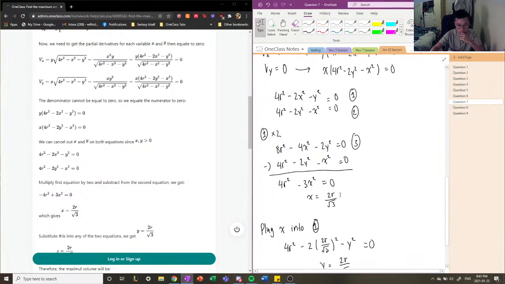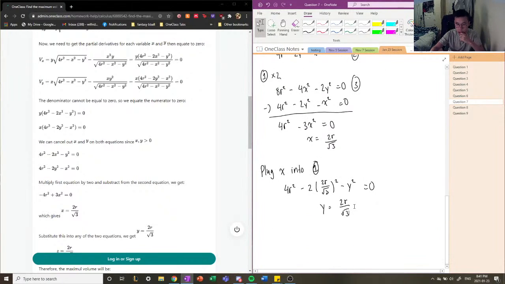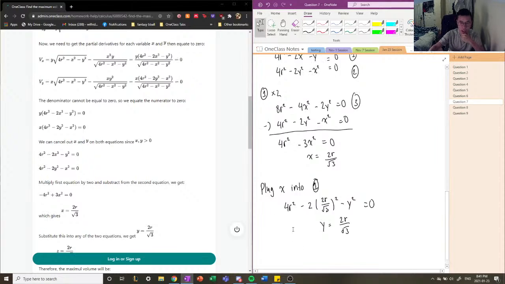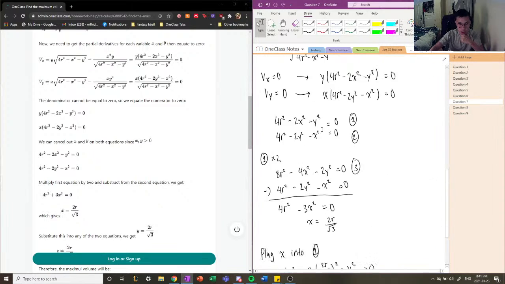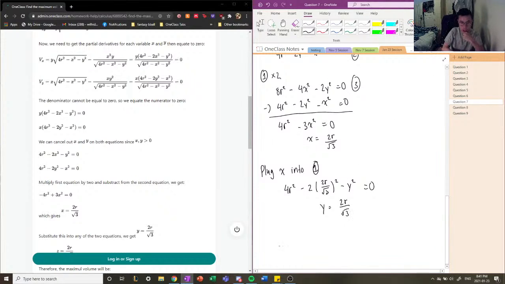Okay. So now that we have x and y, we can now find z. If we plug x and y back into our z function here, z is equal to the root of 4r² - x² - y².